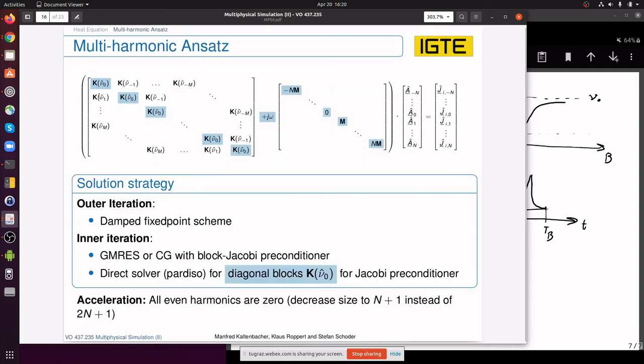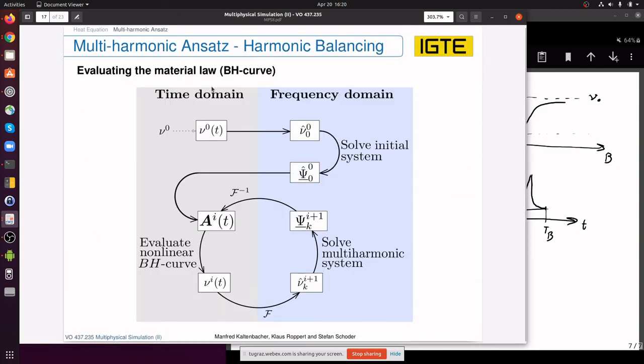So we get the nu minus m to nu plus m. We assemble the system, solve the system with a nested iteration strategy. Then we have an updated solution. We transform it back into time domain, evaluate the material law, and cycle until we're happy with the solution. So that's how we introduce the coupling of A and nu.